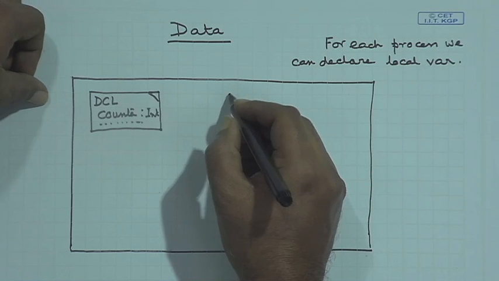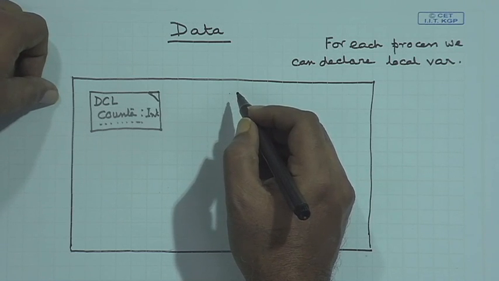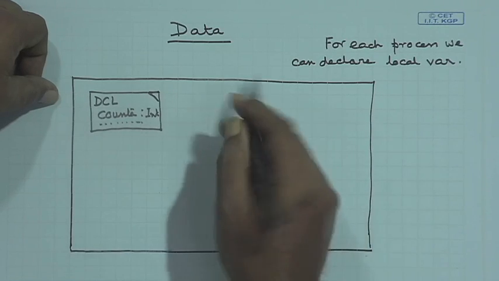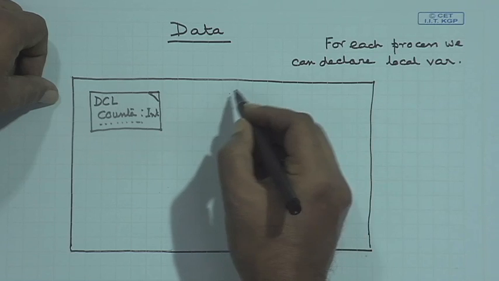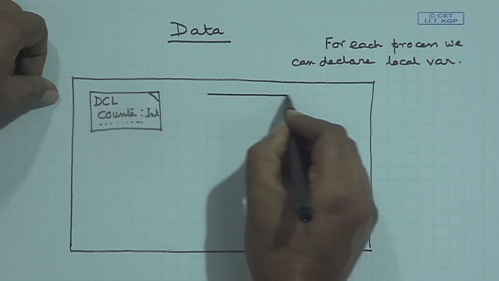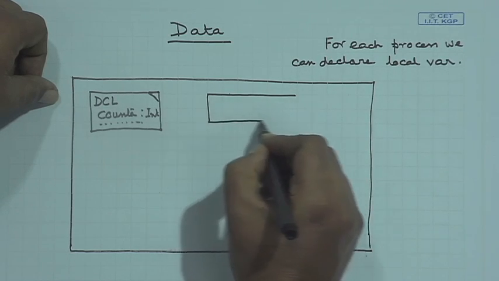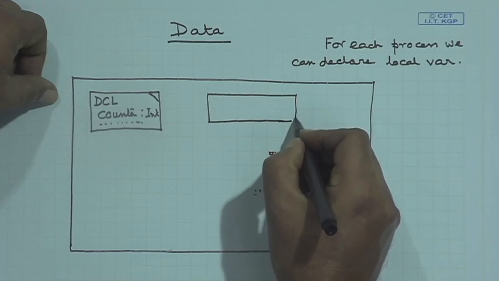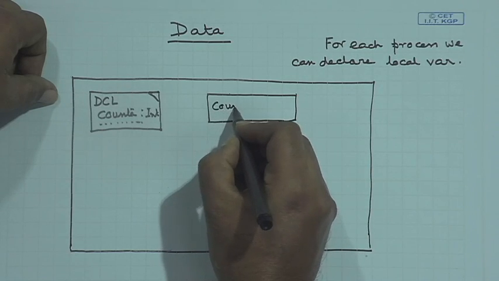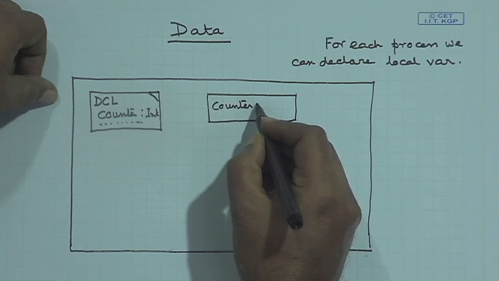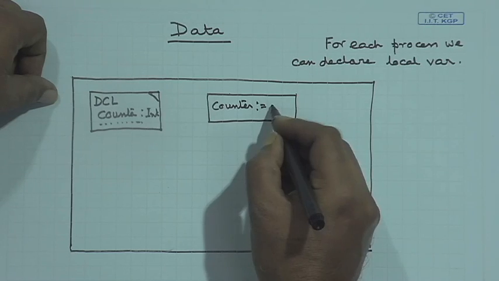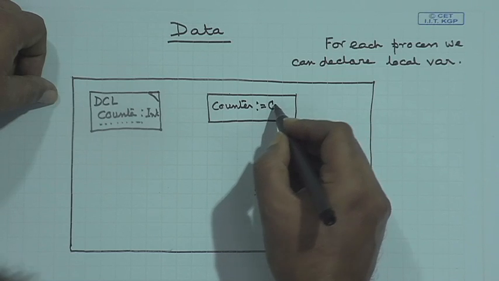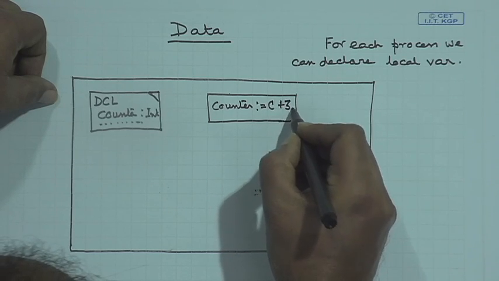Is it clear, counter is an integer, right. We can use abstract data types also, but say inside a process I can say counter is assigned counter plus 3, right.